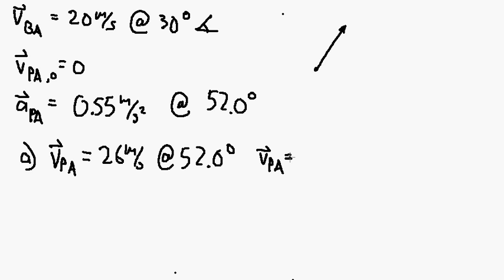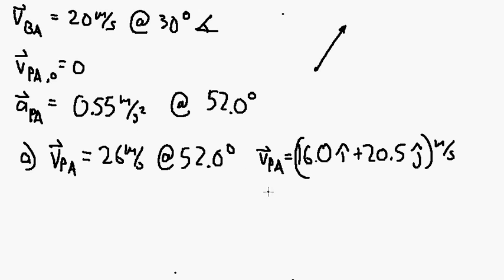I think you know this, but if you don't, review vectors and magnitudes. So the velocity of Jeep P with respect to guard A is 16.0 i hat, and 26 times sine of 52 is going to be 20.5, plus 20.5 j hat, and this is all meters per second.